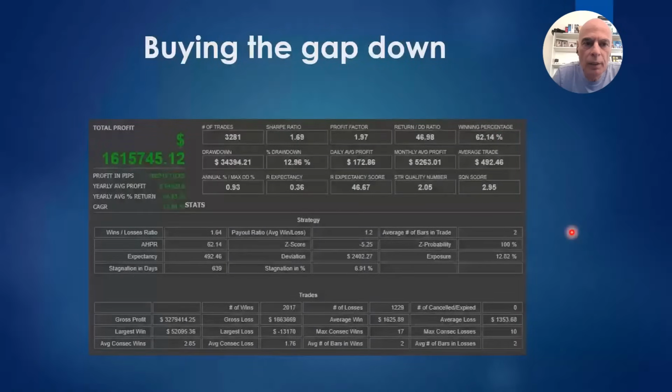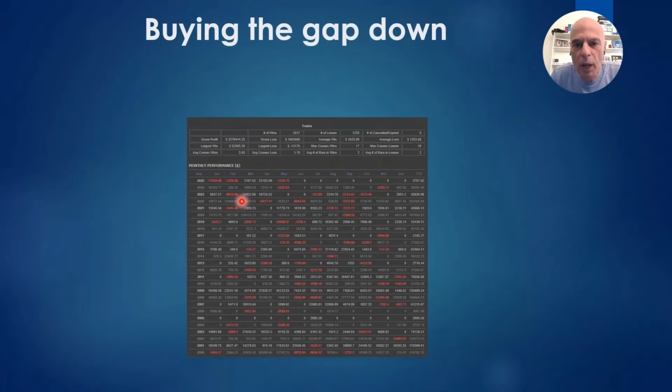As you can see here, listing the months in a row and the years in a vertical manner, this particular strategy didn't have a single down year from 2000 to 2025, which is very remarkable given some of the bear markets we had experienced, like the bear market of 2008 or the COVID crash of 2020.